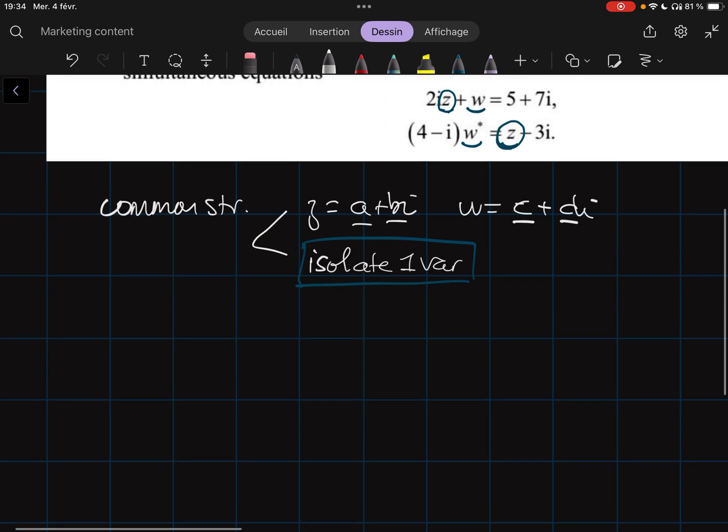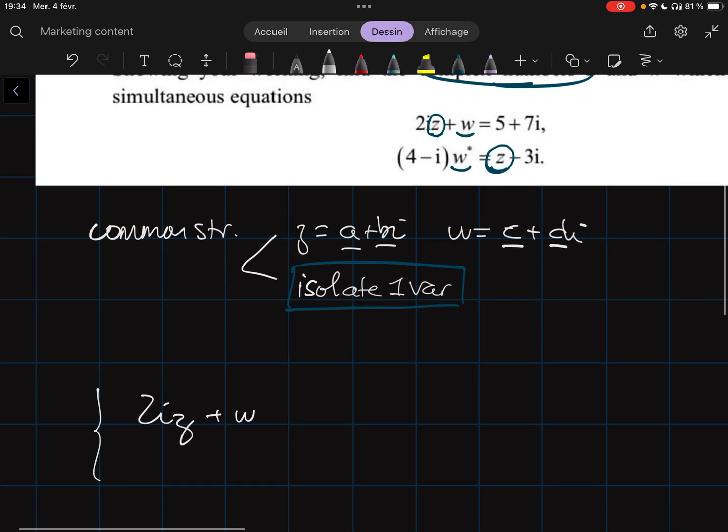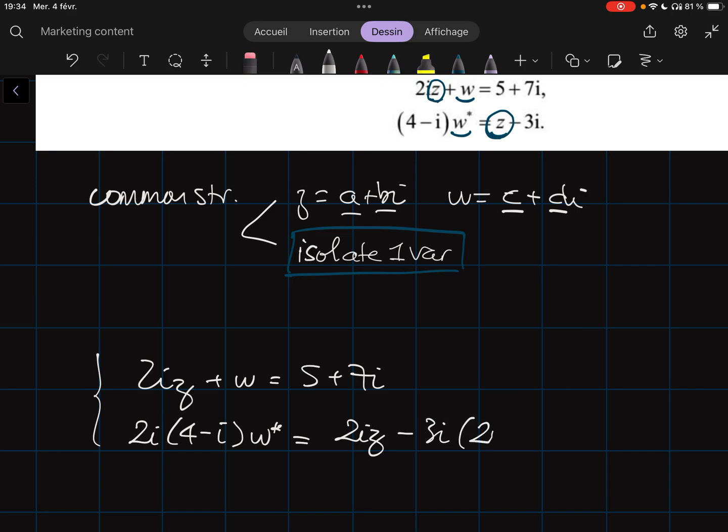So, if we keep the first equation as is, and we multiply both sides of the second equation by 2i, we can now start to eliminate variables.